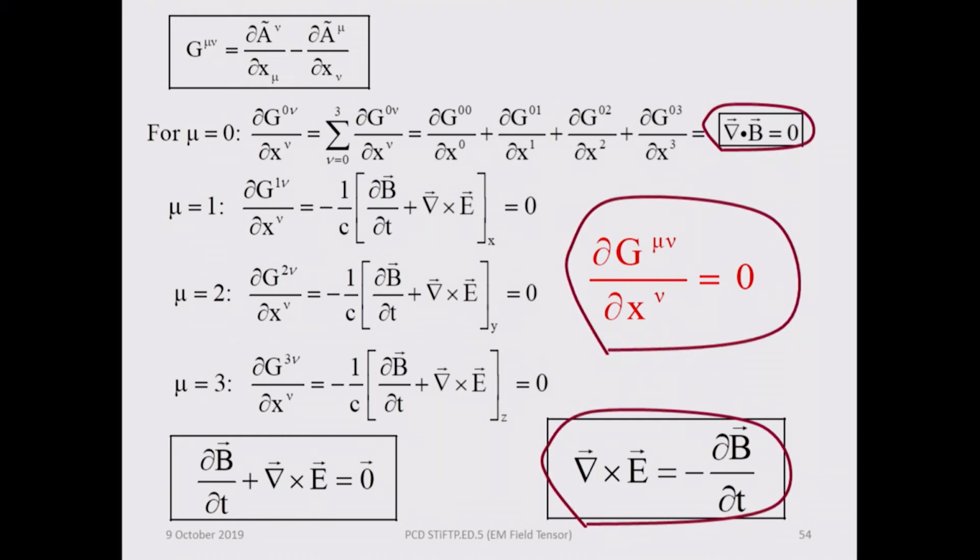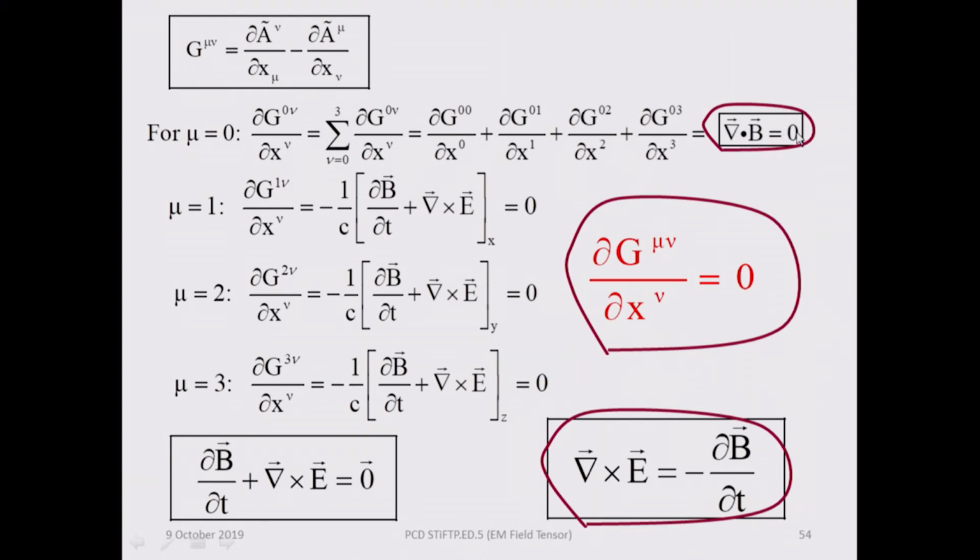So, here you get the other relations for mu equal to 2 and for mu equal to 3, right. And both the equations, that a changing magnetic field can produce an electric field, along with the absence of the magnetic monopole.